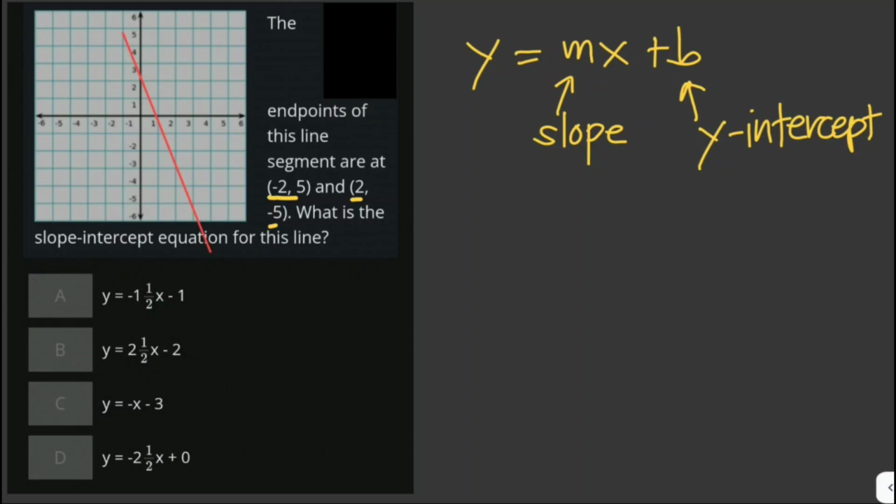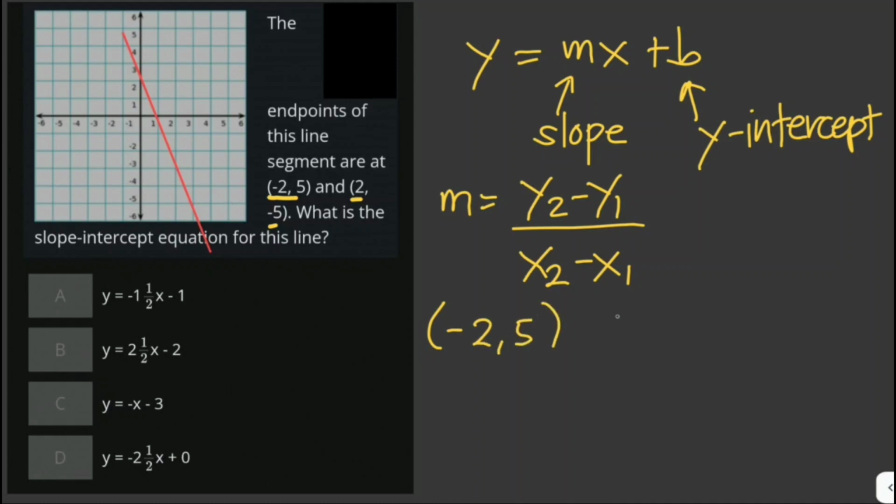Now to solve for the equation of this line, since we're given 2 points, we can use the slope formula, which is equal to y sub 2 minus y sub 1 over x sub 2 minus x sub 1. So we're given here 2 points, -2, 5, and 2, -5.